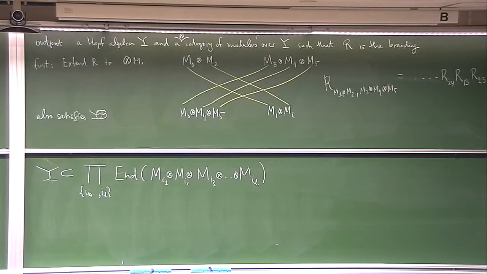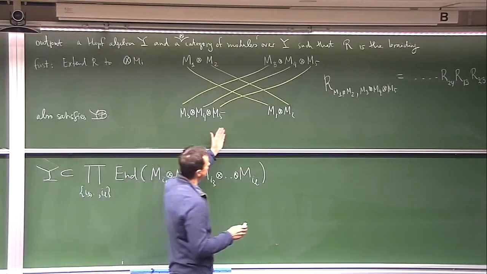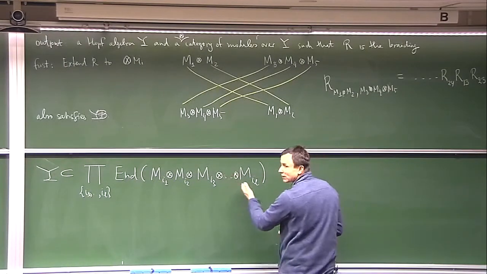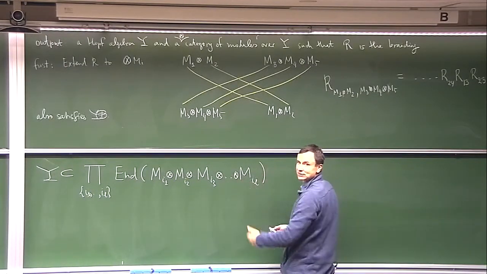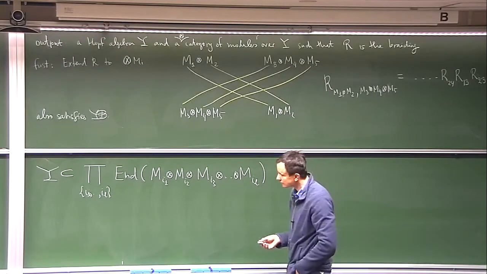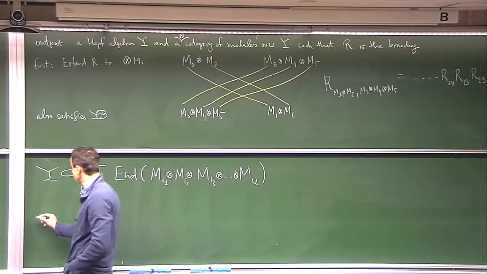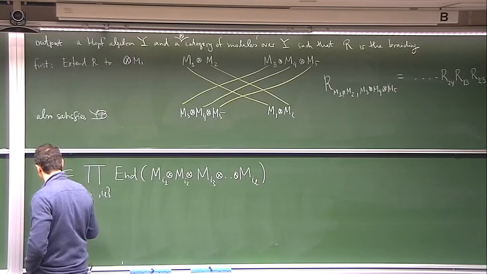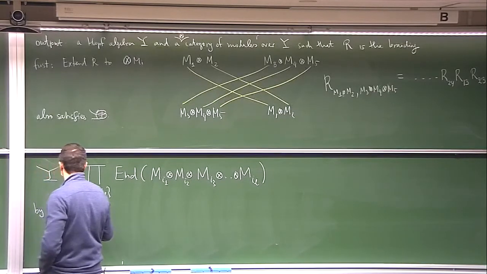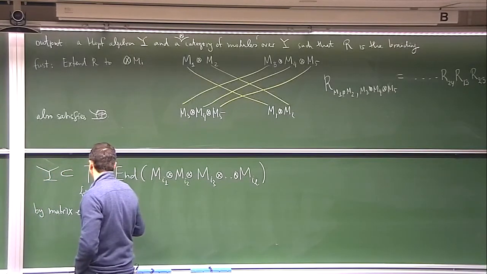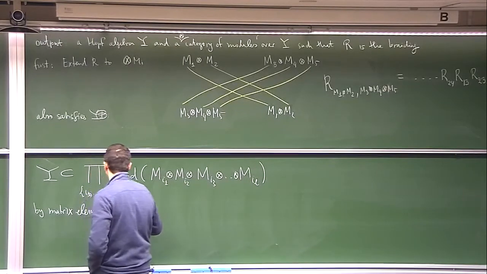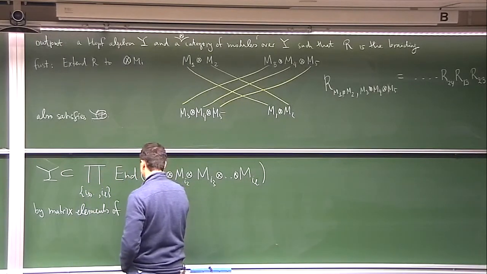I'd like these to be modules over my algebra, and I'll define my algebra as something that acts in all these modules. And how is it defined? It will be generated by matrix elements of R matrices.